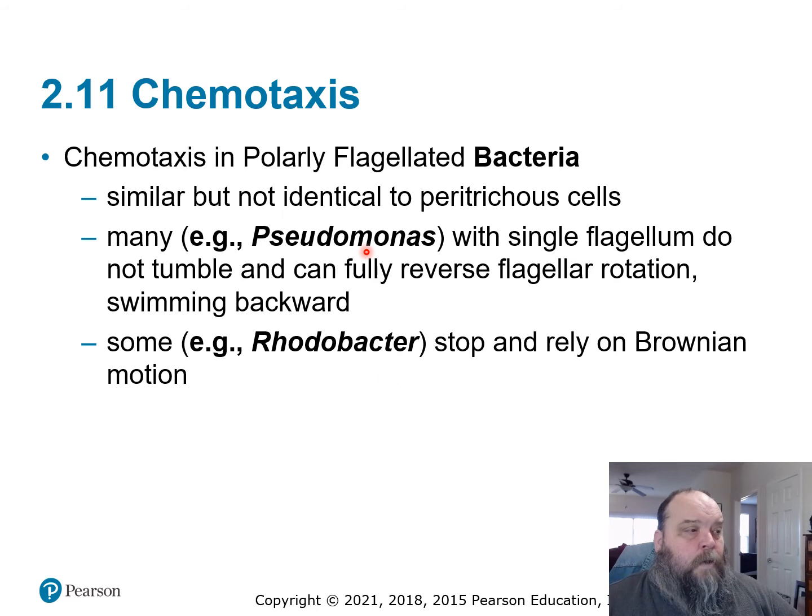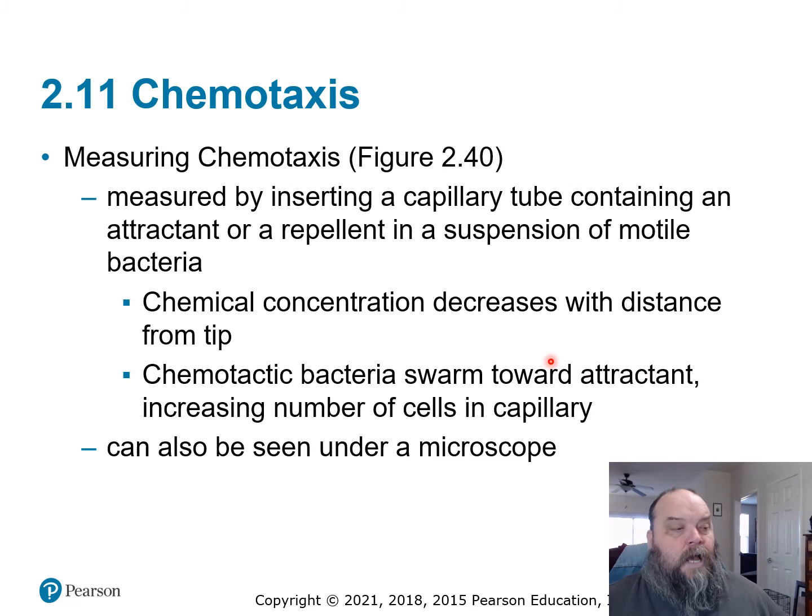When it comes to the polar ones, such as Pseudomonas or Rhodobacter, Pseudomonas doesn't tumble as often. It just goes on runs. Stops, runs, stops, runs, stops. We can actually measure this chemotaxis.